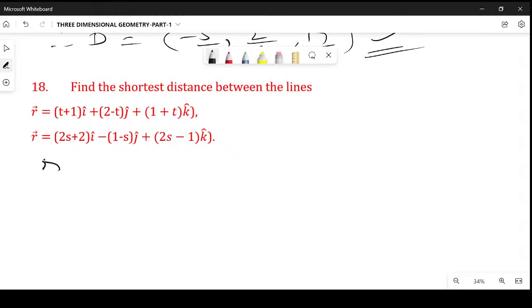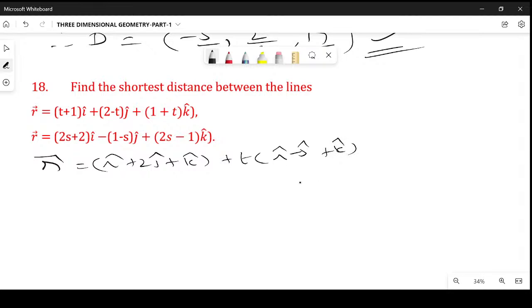R bar equal to the first equation: t plus 1 i cap, this is i cap, plus 2 j cap plus k cap, plus t into i cap minus j cap plus k cap.